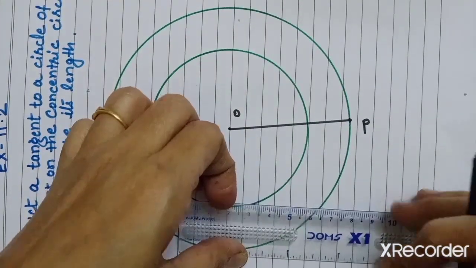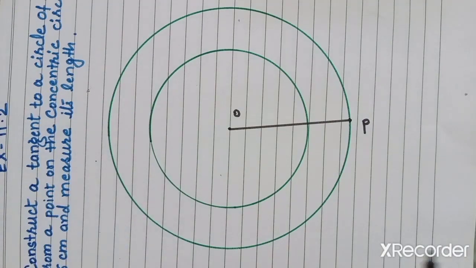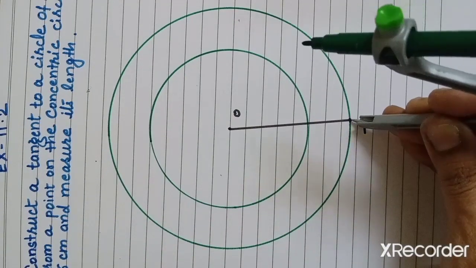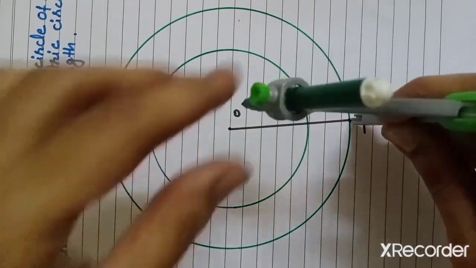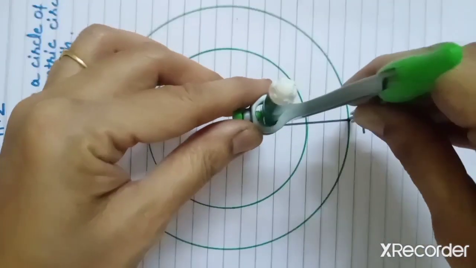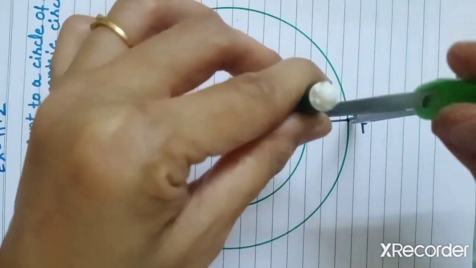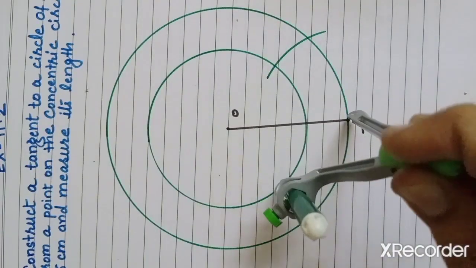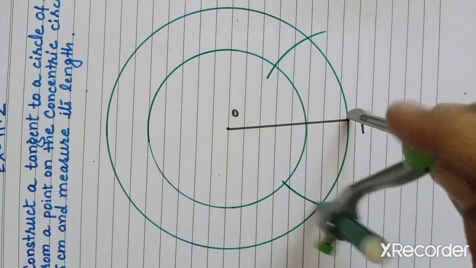Done. Now what do we do? We draw the perpendicular bisector of this line segment OP. So for that, approximately take more than half of this distance. Draw two arcs with P as a center.